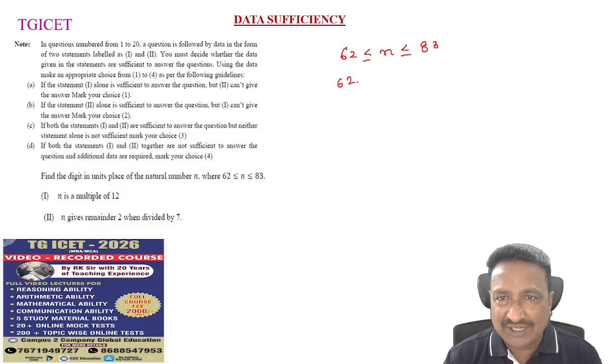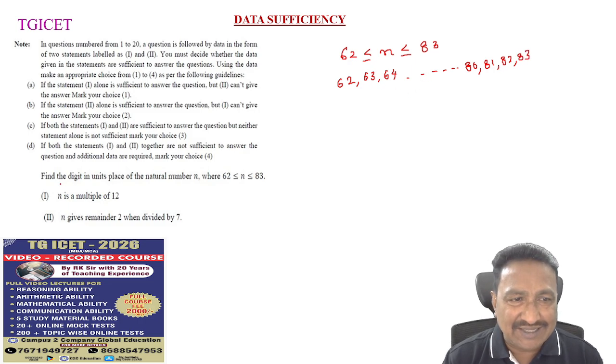So from 62, 63, 64, and so on, 80, 81, 82, 83, we have to decide the value of n. Whenever they ask to find the digit in the units place, it means we have to decide only a particular answer. We should not give two different answers.